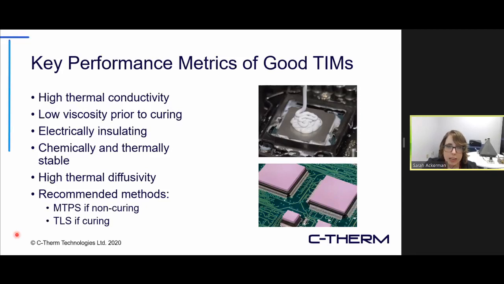However, you'll want them to have a low volatility if they're non-curing materials like a paste, so that they don't dry out. They should be electrically insulative and chemically and thermally stable, and also have a high thermal diffusivity to enable responsiveness to what the device is doing. So generally speaking, we would recommend MTPS if it's a non-curing material, and a transient line source method if it's a curing material.